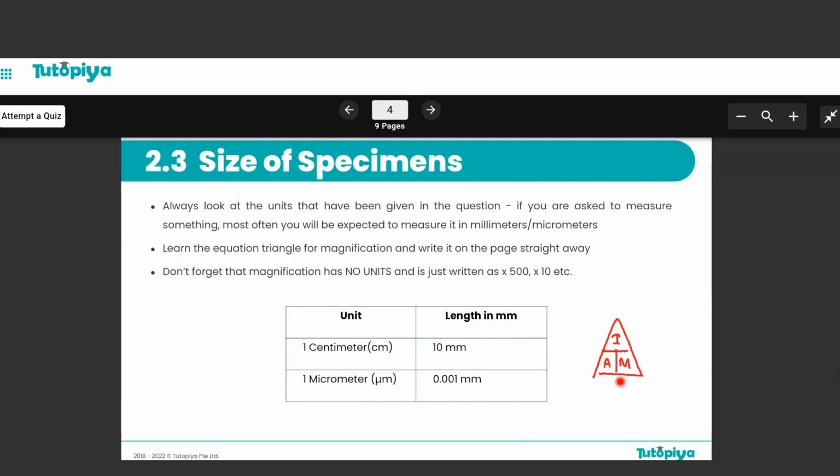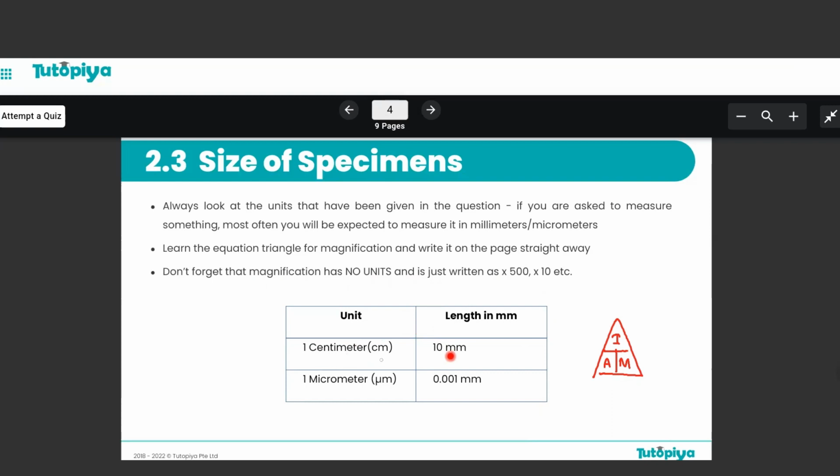And thirdly, don't forget that magnification has no units. It's just written as times the number, for example, times 500 or times 10. Also, sometimes we need to convert between units.